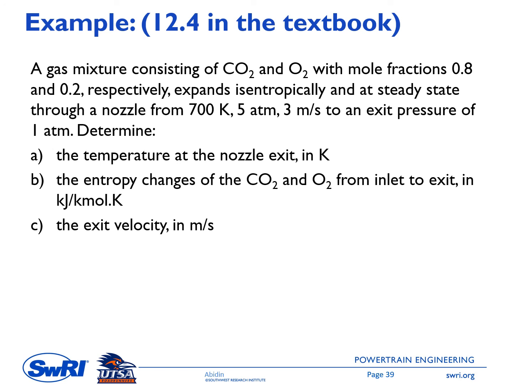The questions: the temperature at the nozzle exit in Kelvin, and the entropy change of the CO2 and O2 from inlet to exit in kilojoule per kilomole Kelvin. And the last question is the exit velocity in meters per second. Let's take a look at the solution of this example.